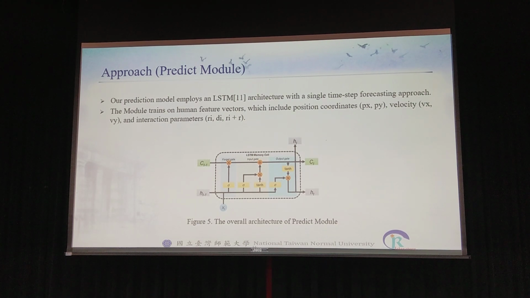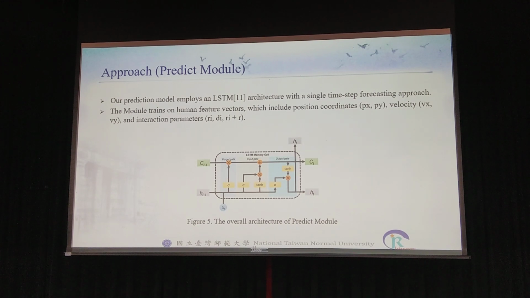Our prediction model employs an extractor based on the long short-term memory LSTM network, which is a network specifically designed for processing and predicting time-series data. The key advantage of LSTM is its ability to learn long time spans. This ensures the timeliness and accuracy of navigation decisions.